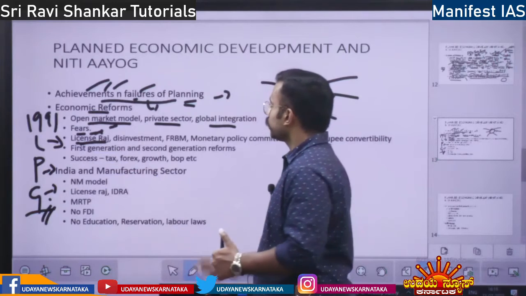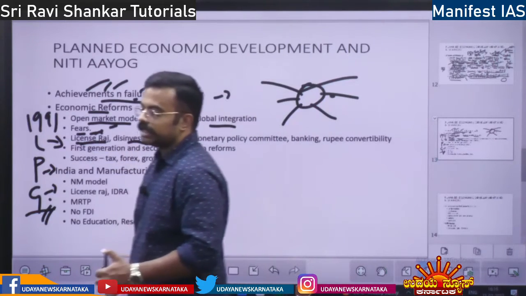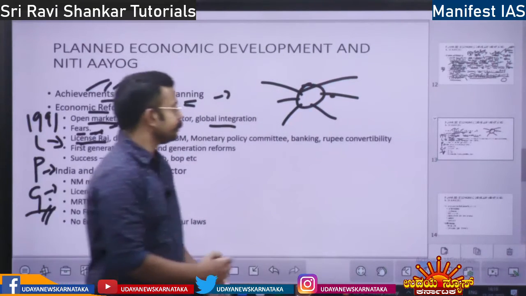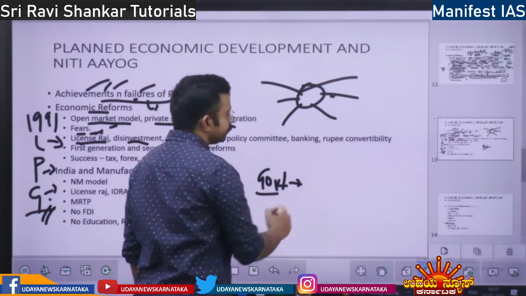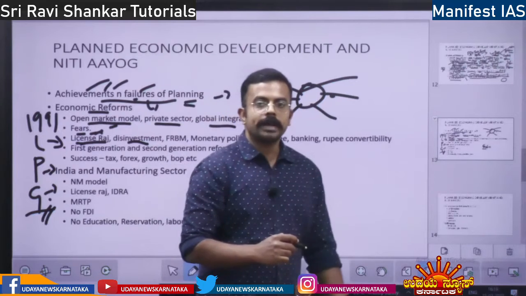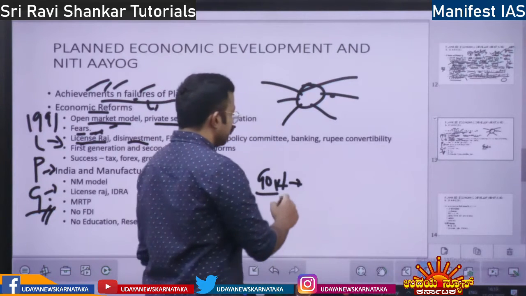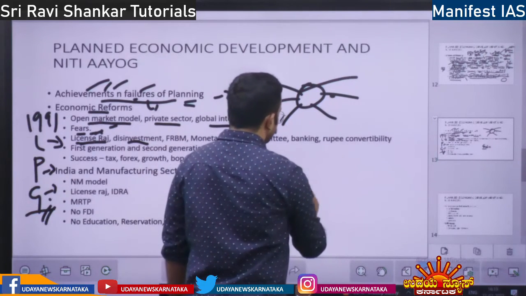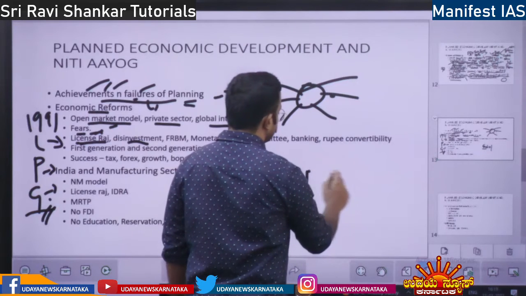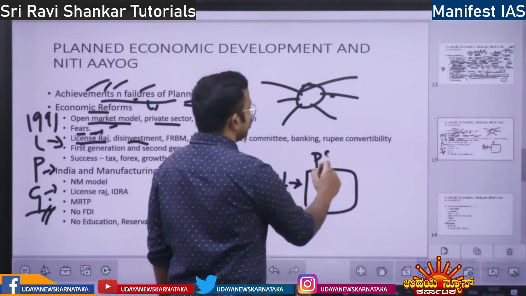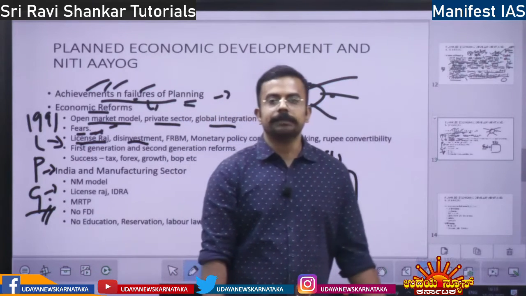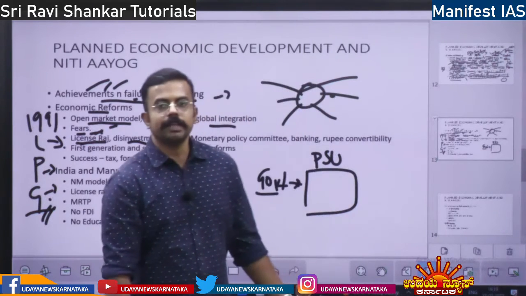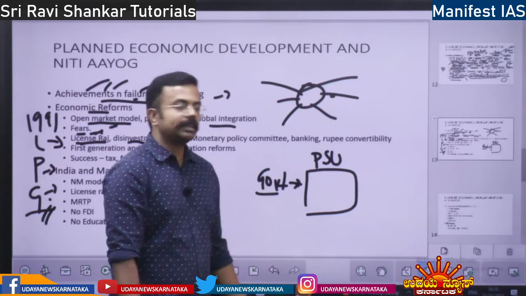Disinvestment. Disinvestment means till then the government used to invest money in where? It used to invest money in the public sector undertakings. Public sector undertakings, BHEL, HAL, everything, MTNL, everything.